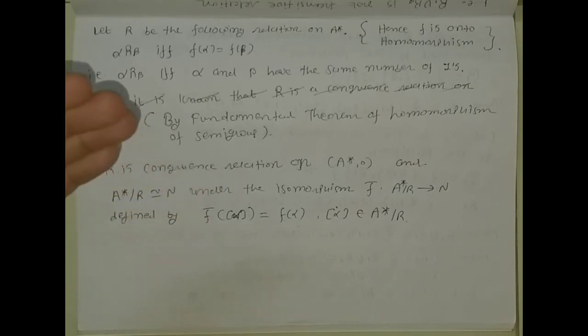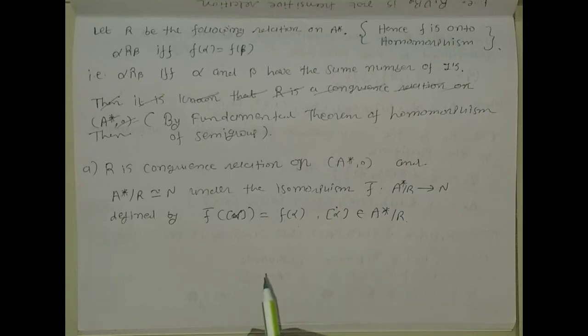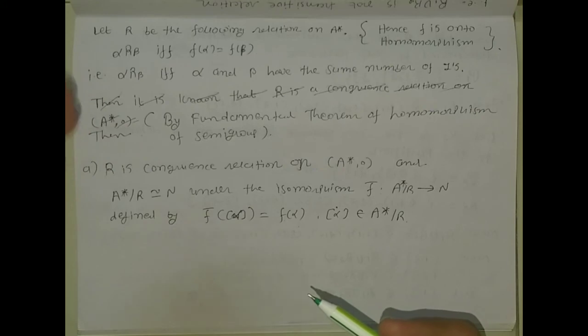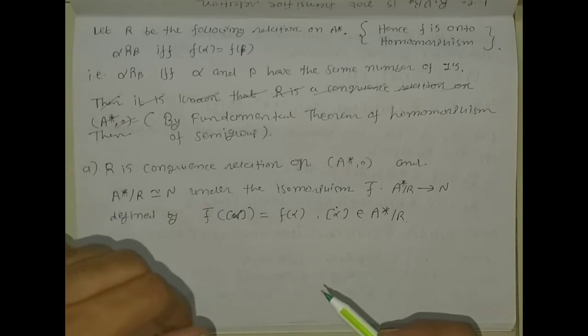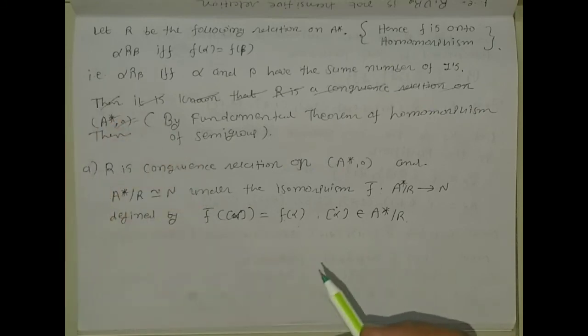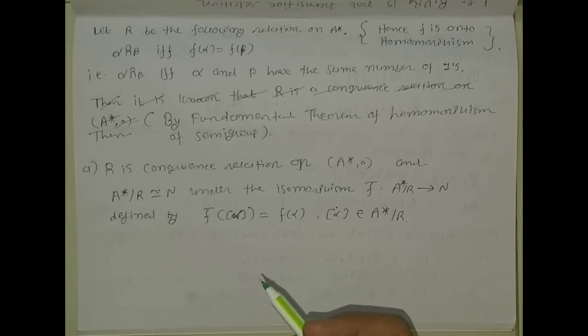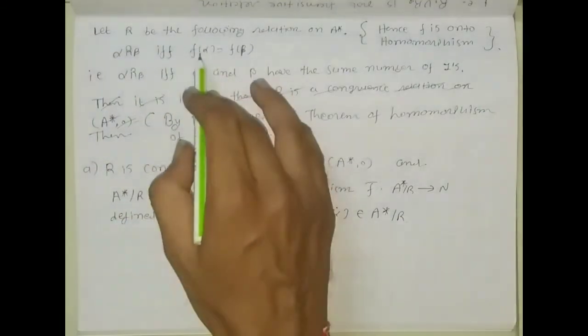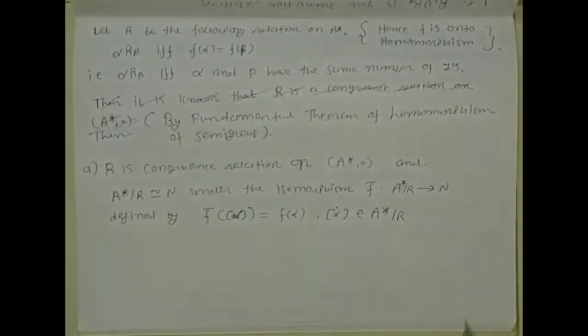Here we have used the fundamental theorem of homomorphism in this example for the semigroup. What we have done: first we defined a homomorphism from A star to N, which is onto. This is the first statement of our theorem. Then we defined one relation R, where alpha is related to beta if and only if f of alpha is equal to f of beta.